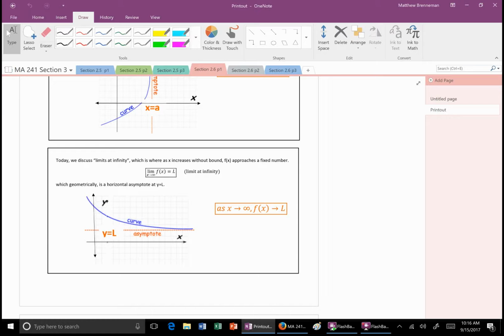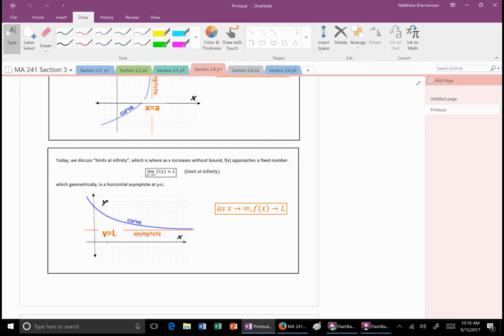But we're going to switch gears now. We're going to talk about a limit at infinity, not an infinite limit. This is asking what the function is doing as x gets bigger and bigger. It's not so obvious. As x gets big, the function might increase or decrease, but sometimes it can settle down.